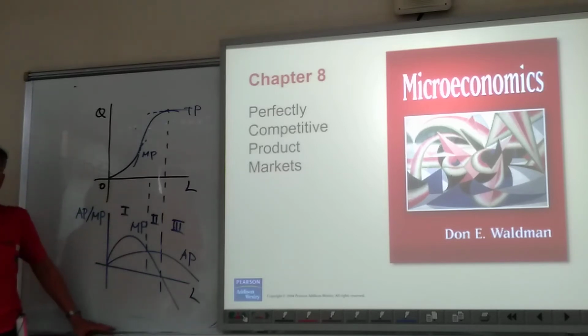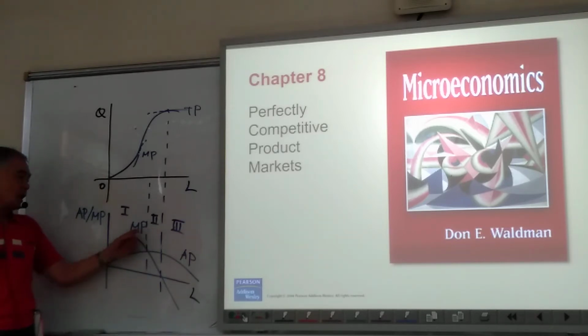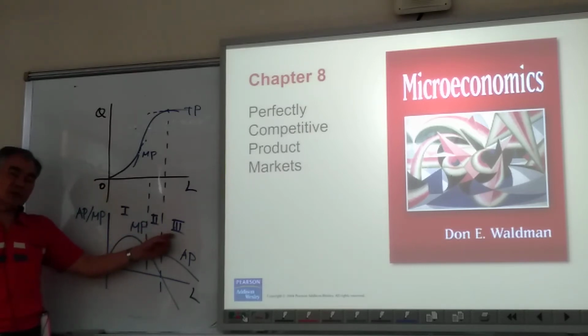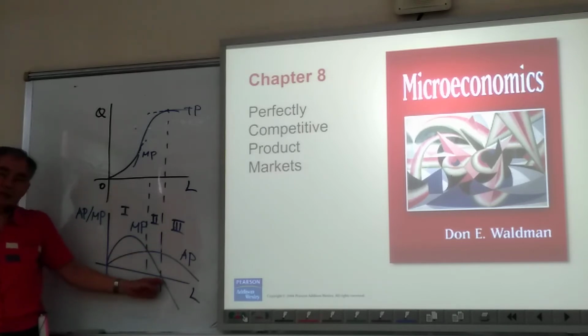So we mentioned this, right? The feasible production, the best production stage, is the second stage. At the first stage, because the average product is still increasing, you better not stop here. Of course, at the third stage, because the marginal product is negative, you better not produce here.